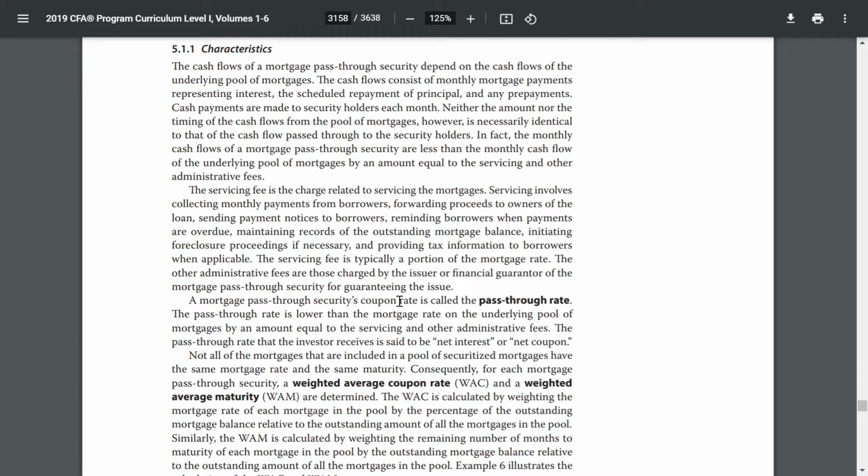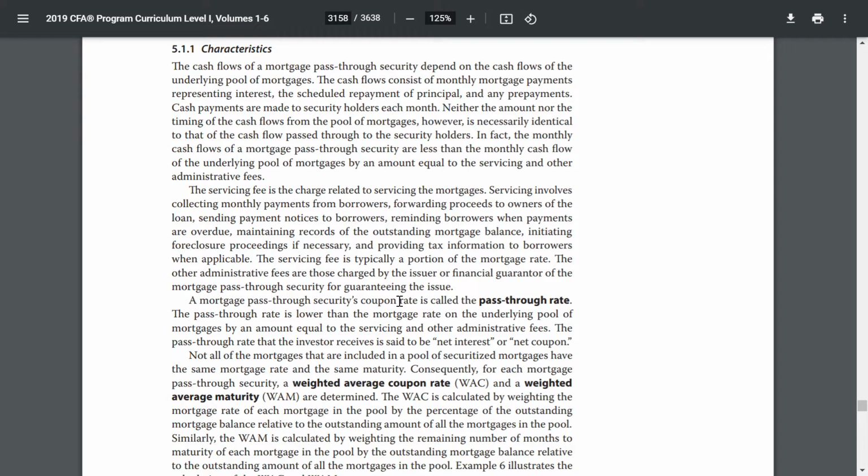Neither the amount nor the timing of the cash flow from the pool of mortgages, however, is necessarily identical to that of the cash flow passed through to the security holders. In fact, the monthly cash flow of a mortgage pass-through security is less than the monthly cash flow of the underlying pool of mortgages by an amount equal to the servicing and other administrative fees.